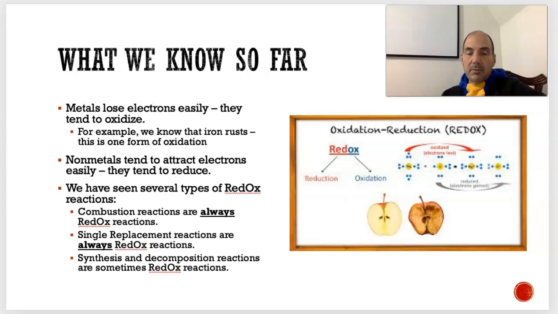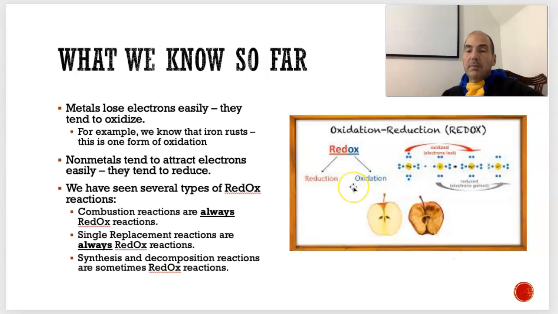On the other side of it, nonmetals are high in electronegativity, high ionization energy, high electron affinity. They tend to attract electrons very well, so they tend to be reduced or to go through reduction. That doesn't mean that only metals oxidize. In this picture here, you see an apple oxidizing. So it's a matter of the ability of something to either gain or lose electrons.